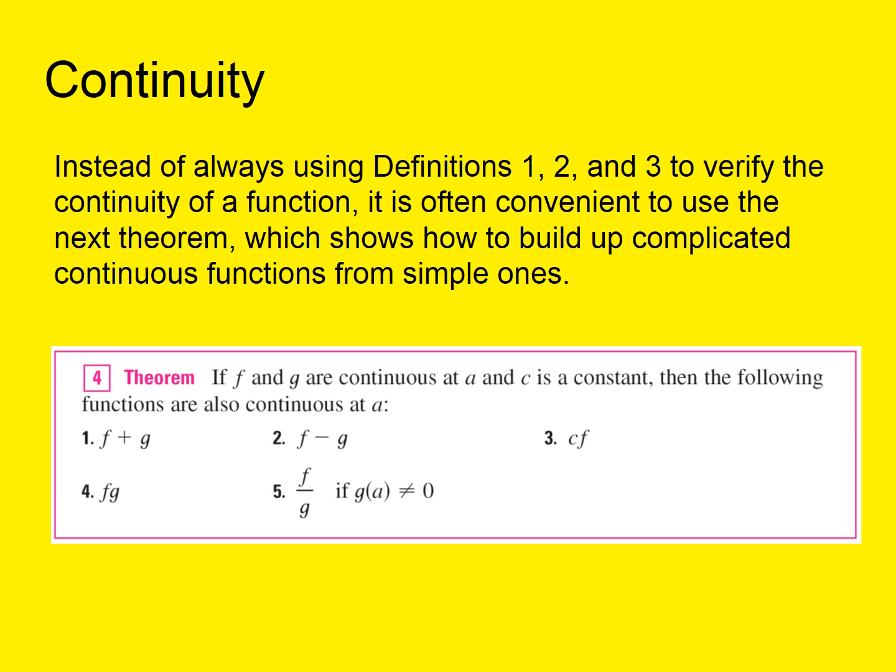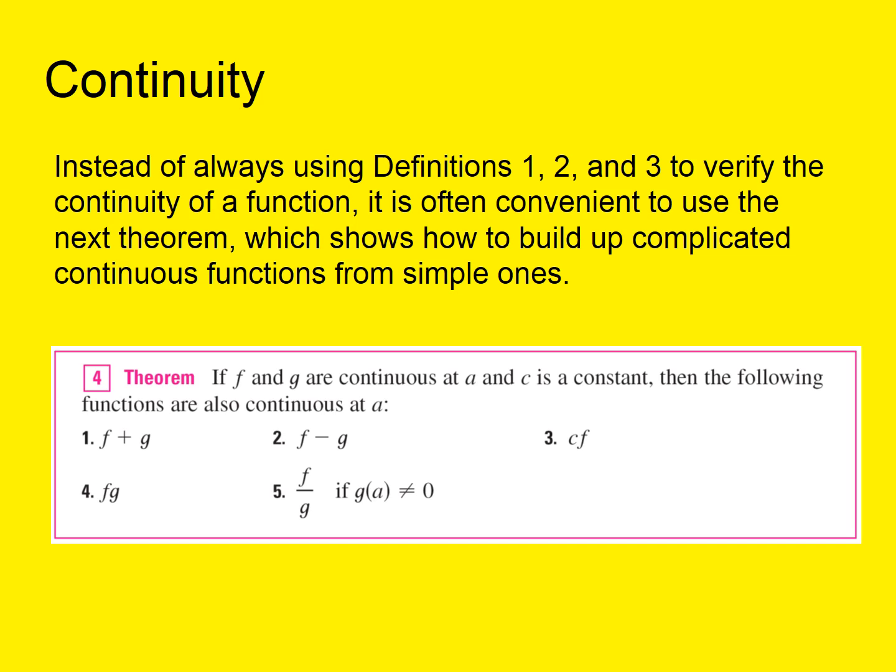Instead of always using definitions 1, 2, and 3 to verify the continuity of a function, it is often convenient to use the next theorem, which shows how to build up complicated continuous functions from simple ones in a manner similar to the way that was done in college algebra.